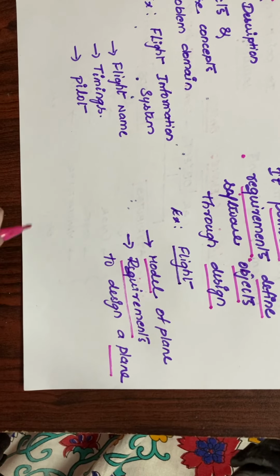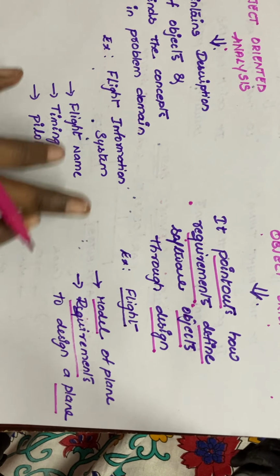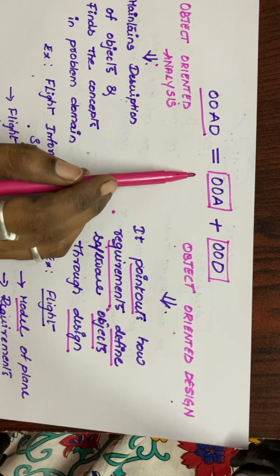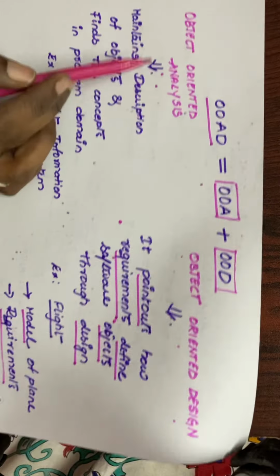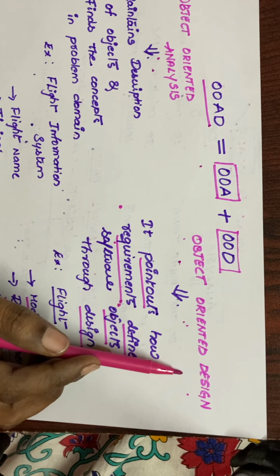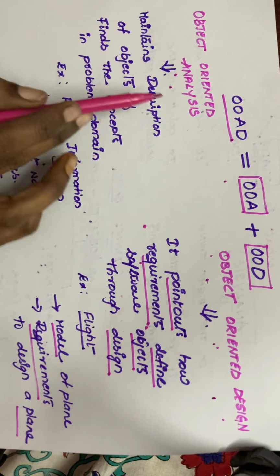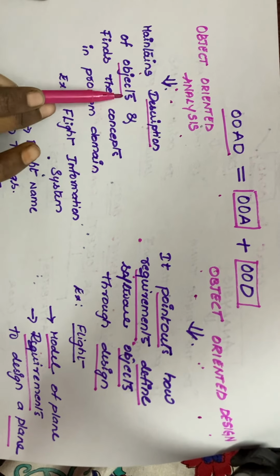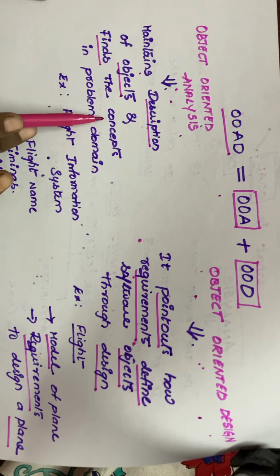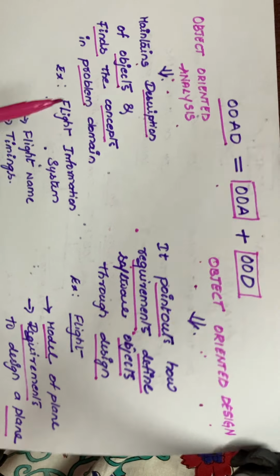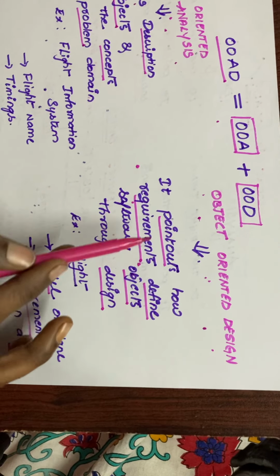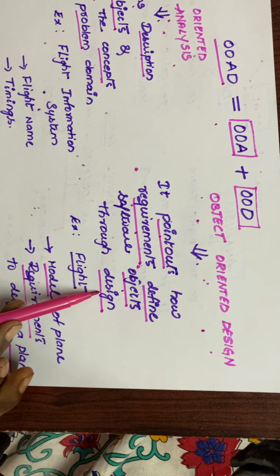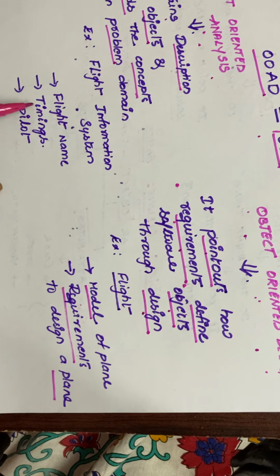So this comes under OOAD, a combination of object oriented analysis and object oriented design. Object oriented analysis points out the description of the objects and finds the concepts regarding the problem. Design points out the requirements that define the objects through the design.